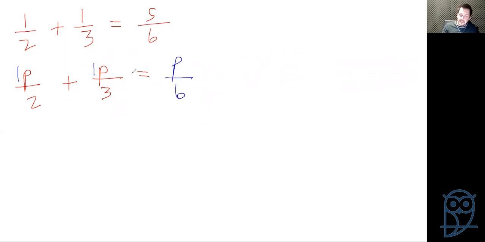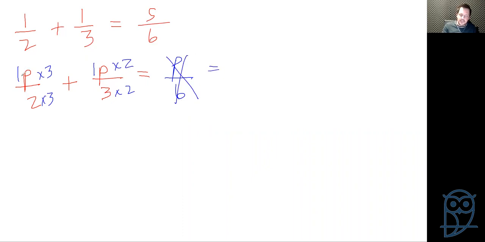So one possible answer that has been given is p/6. So we're almost there. We have the idea of 6 in that you times by 3 and you times by 2. But you are forgetting about the equivalence for equivalent fractions. Because if I times the bottom by 3, I must times the top by 3. If I times the bottom by 2, I must times the top by 2. So that's not quite there.